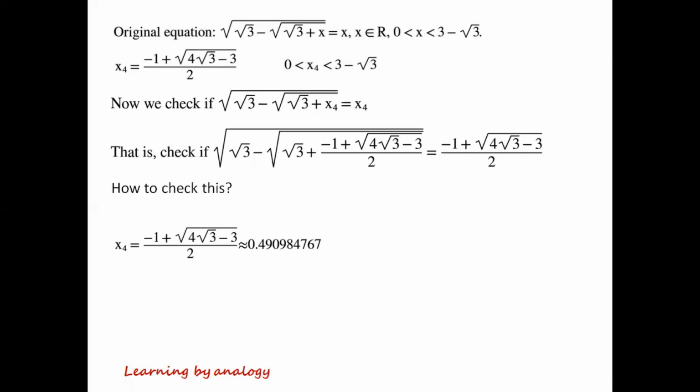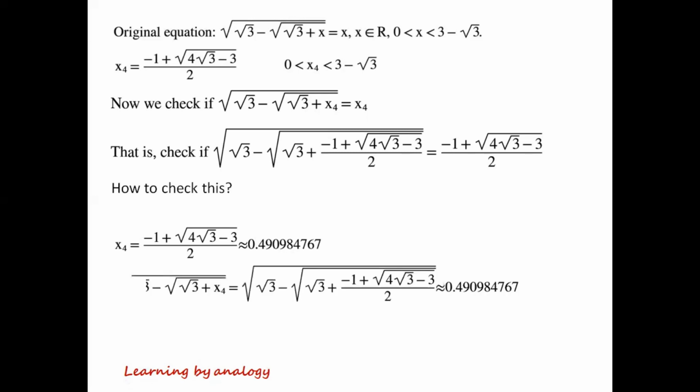x4 equals minus 1 plus root of 4 root 3 minus 3 over 2, which is approximately equal to 0.49098476.